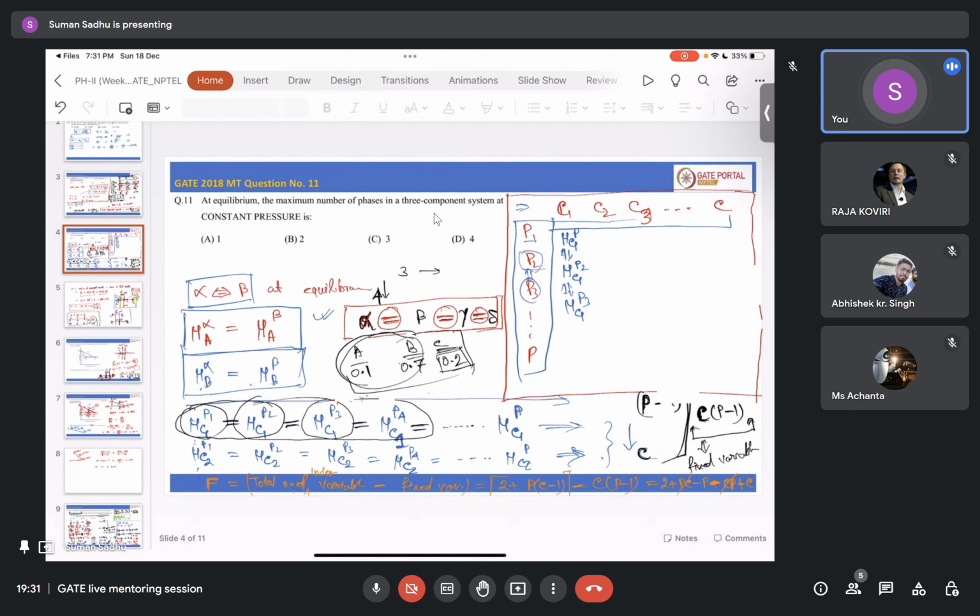If you have any doubt, you can ask in the next session also, because this type of question is mostly asked in interviews or in the GATE exam. In interviews also people ask this simple question related to the phase rule. So it is very important that you understand this concept.